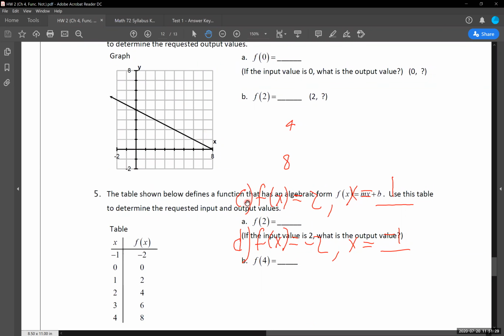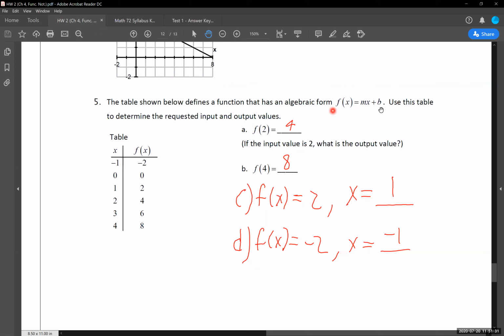It could also technically be given to us as an equation, but that would mean I would need to give you the m and the b values written in here as well. So again, correctly identify, have I been given an input value or have I been given an output value, and then I need to solve for the other one. So we have to be given one, we can solve for the opposite. Okay.